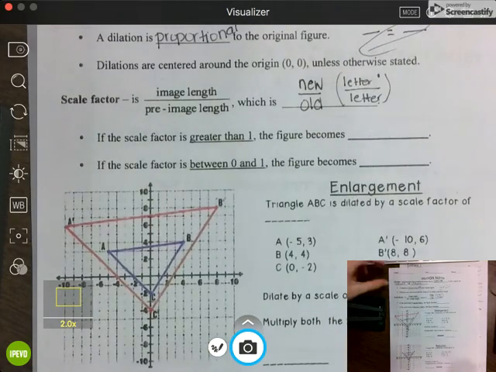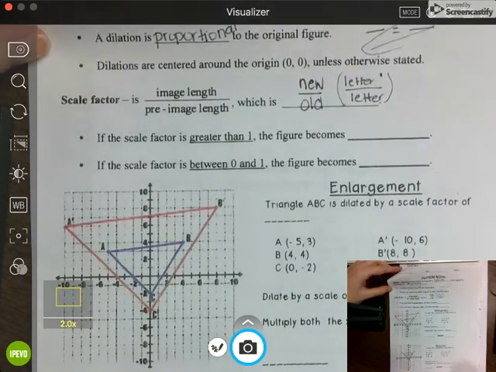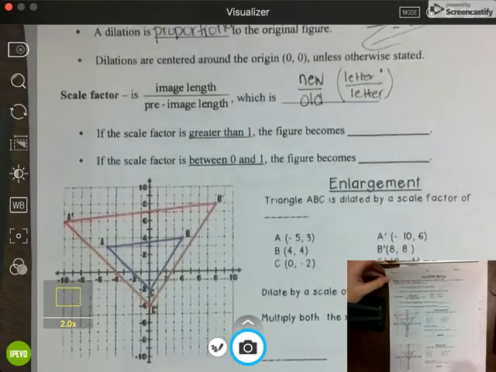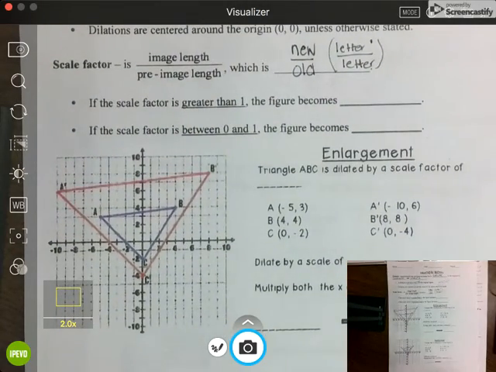All right? Now, if the scale factor is greater than 1, so if I take 2 and I multiply it by 6, is the number going to be bigger or is the number going to be smaller? The number is going to be bigger.